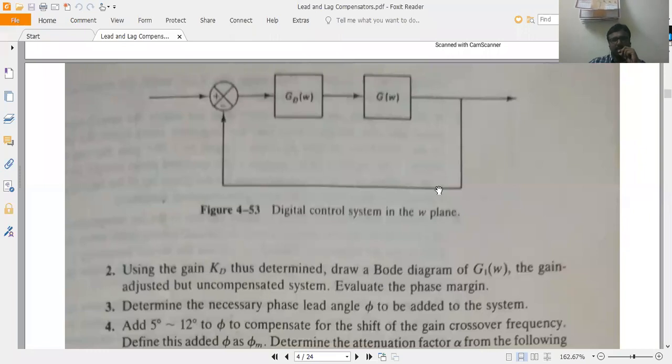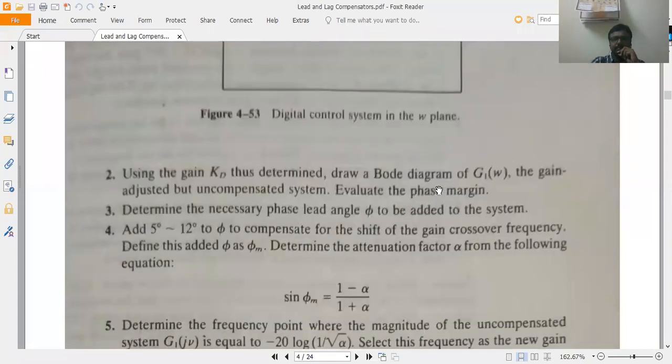Okay. So the second step is, using the gain KD, determine and draw the Bode plot for G1 of W, the gain adjusted uncompensated system, and evaluate the phase margin.